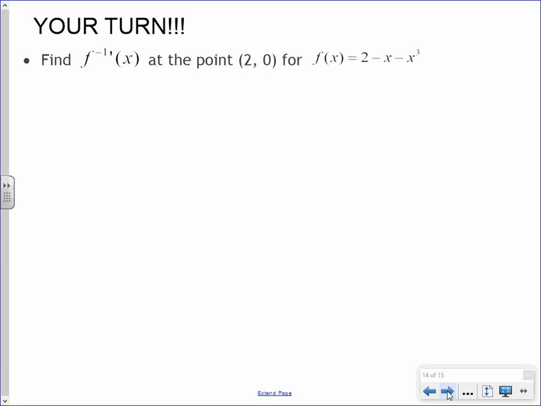So now we need to figure out what... Based on this information right here, what's f inverse of 2? Okay, so write this as f.